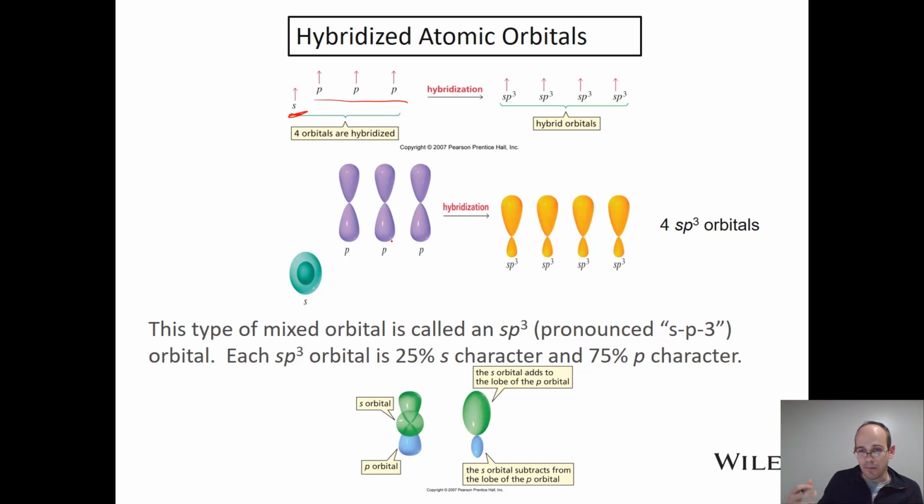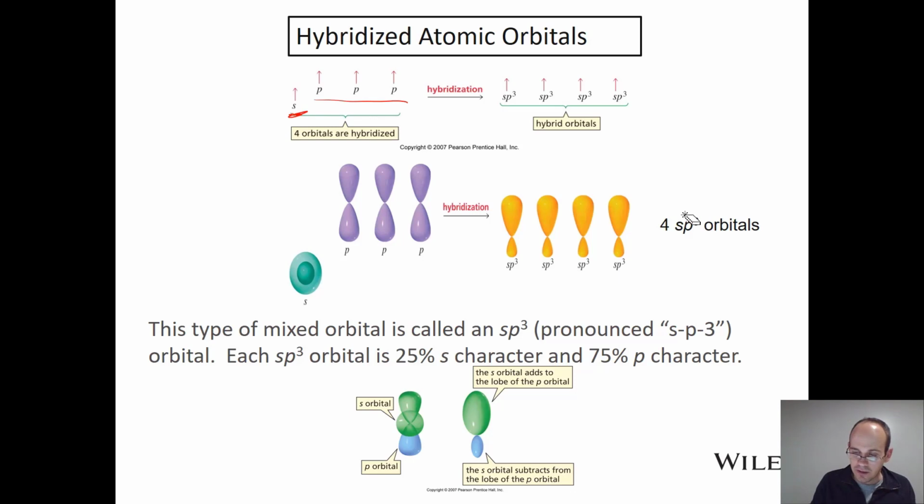And the reason why I named them sp3 orbitals is because they came from a hybridization of 1 s and 3 p orbitals. So 1 s and 3 p orbitals, right? And that's what sp3 stands for right here. sp3 means that these are hybrid orbitals that come from 1 s and 3 p orbitals.